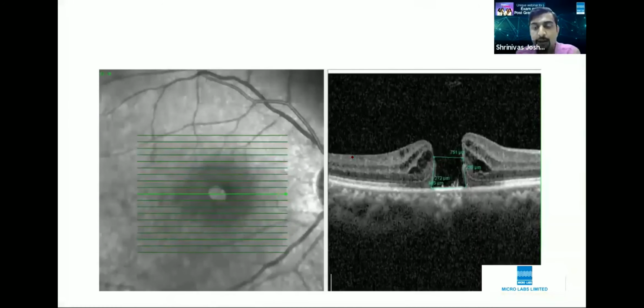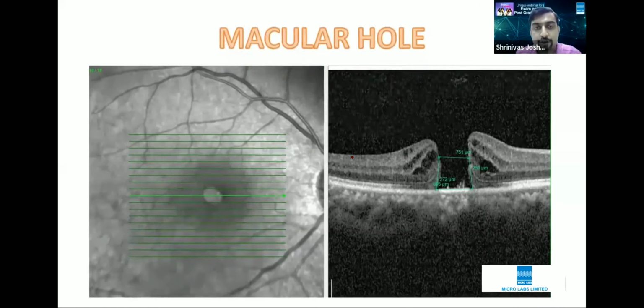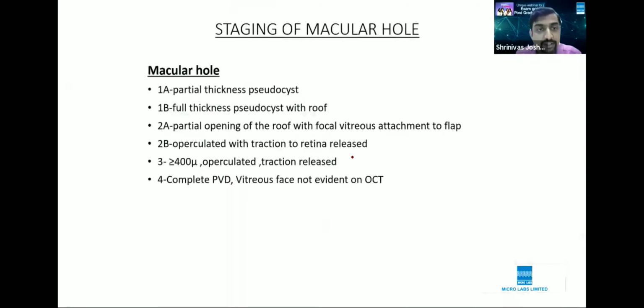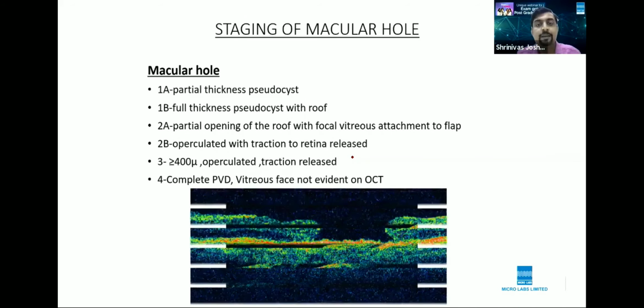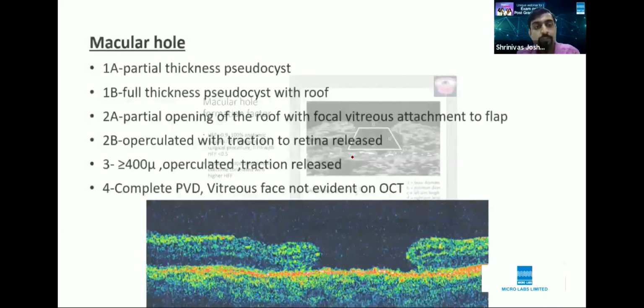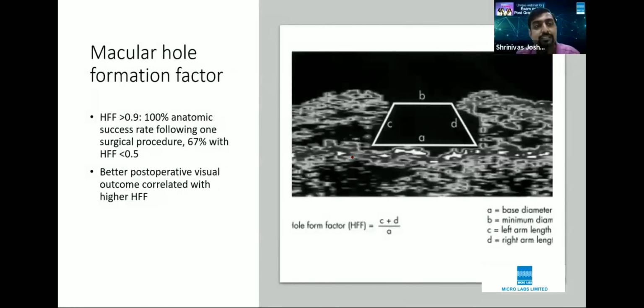Now, quickly about the macular hole. I am sure all of you know about the macular hole. The staging of the macular hole is very important. I'm not going to go into this in any detail. But the important thing you also need to know, which the examiners are fond of asking, is the macular hole formation factor. So how do you calculate it?